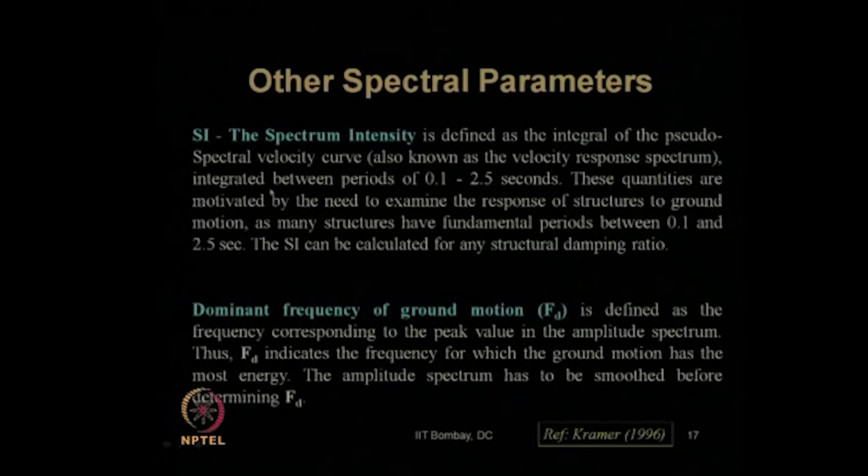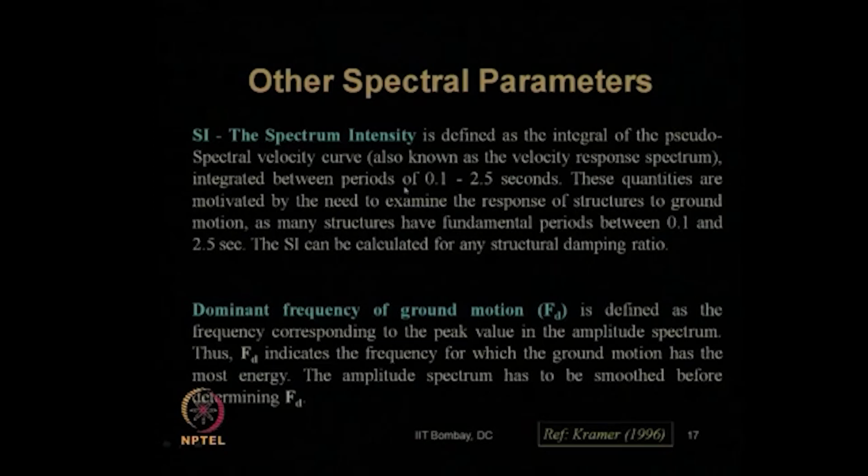Another spectral parameter is spectrum intensity, or SI. SI is defined as the integral of the pseudo spectral velocity curve. Just now I discussed what the pseudo spectral velocity curve is, which is known as the velocity response spectra.